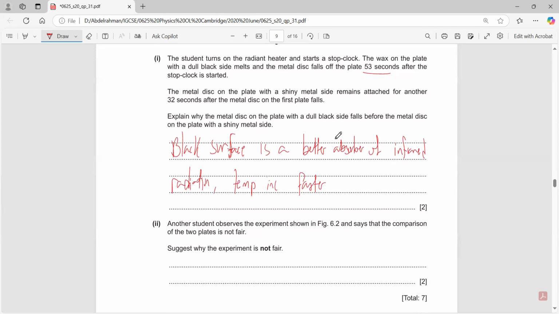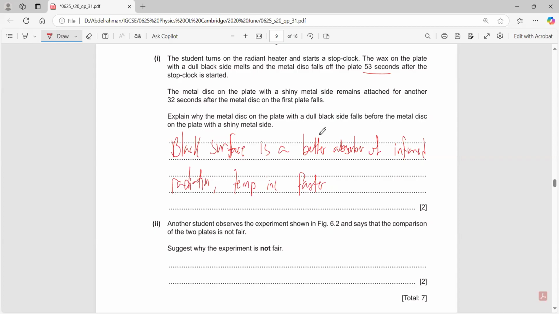Another student observes the experiment shown and says that the comparison of the two plates is not fair. What does the question want?